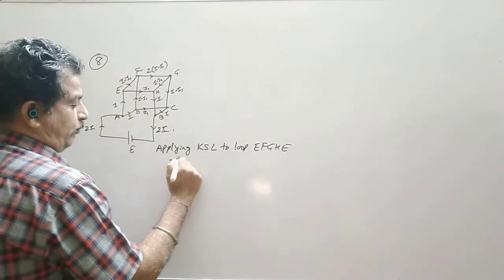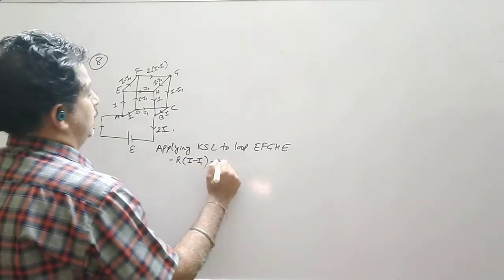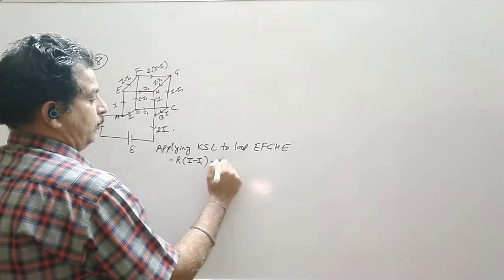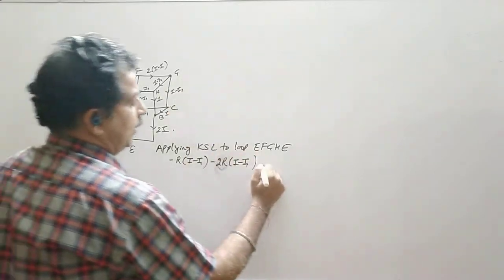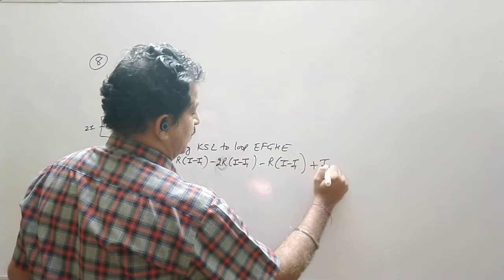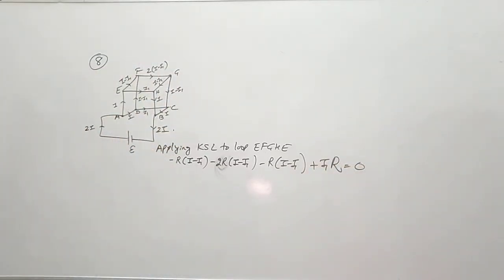In the direction of current, minus R(I minus I1). In the direction of current, we have minus 2R(I minus I1). And again in the direction of current, minus R(I minus I1). The current comes from the opposite side, so plus I1R.